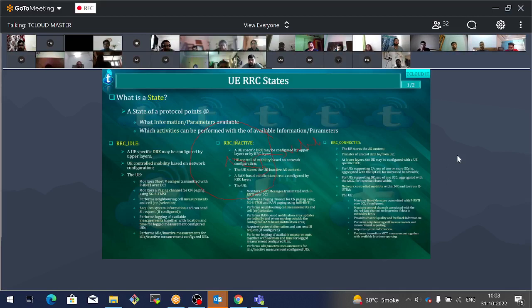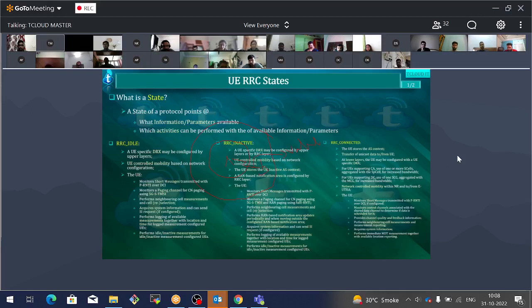For example, if the cell size is only this much, whatever signal strength the mobile is getting from the cell is considered bad because it's outside the cell range. You should not be using the services of this small cell that is present here. If it is a big cell, definitely whatever value the mobile is getting is within the cell range.